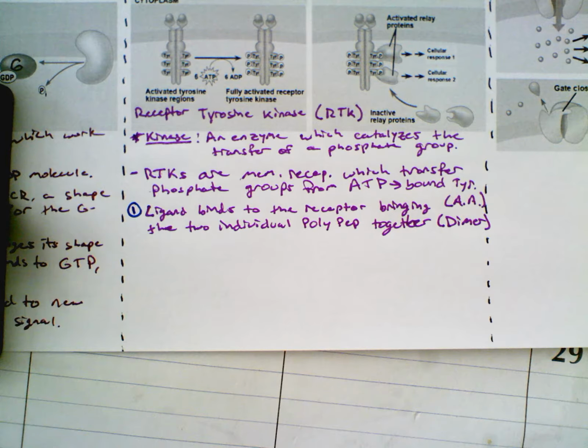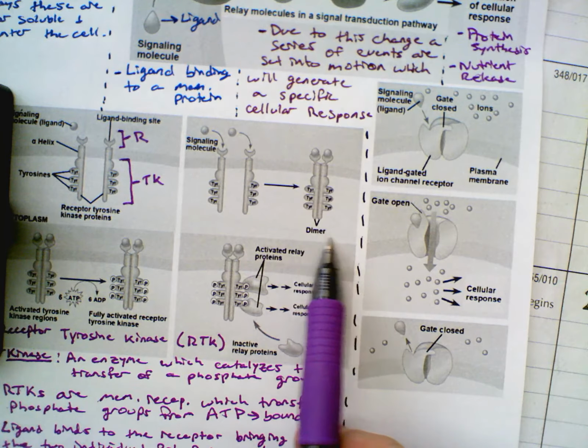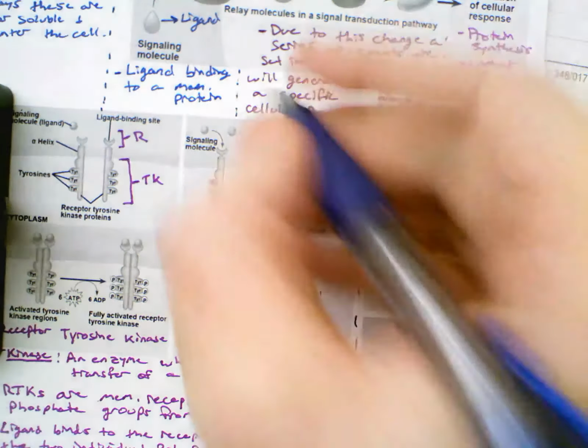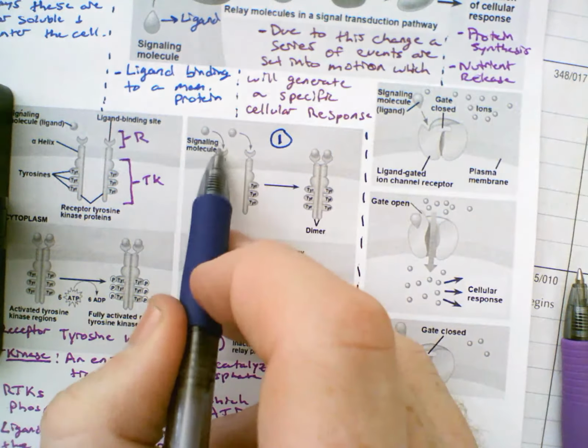It's kind of like going from two proteins in tertiary structure to a single protein in quaternary structure. Dimer. It's actually labeled somewhere on there. Here it is, that second one. Dimer. And actually that is where we will put our number one. We see the binding of the ligand.